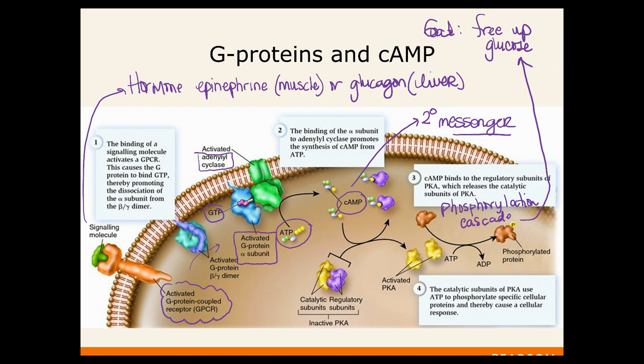Okay, this is one of the most well-studied processes in biochemistry. I have described it to you at an introductory level. There's all sorts of details in this part that I'm not going through, but that's not the goal of our course.